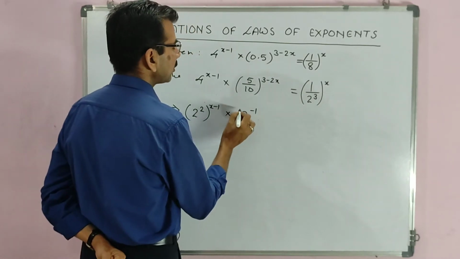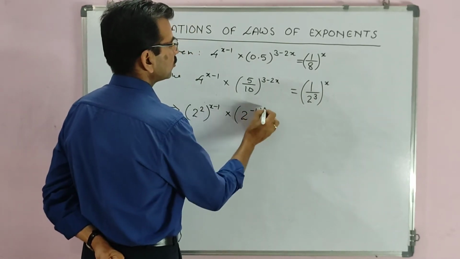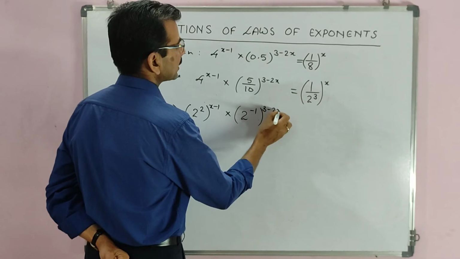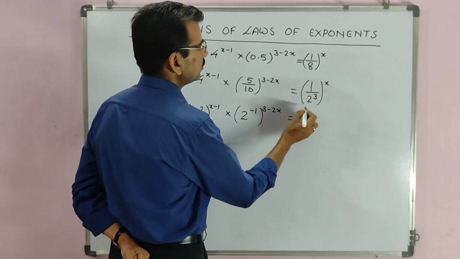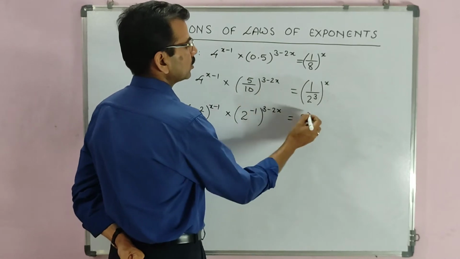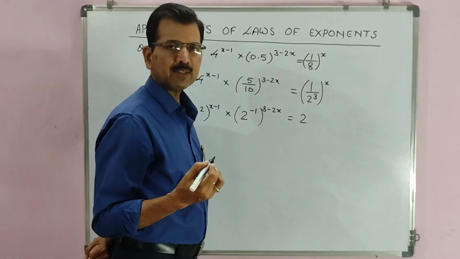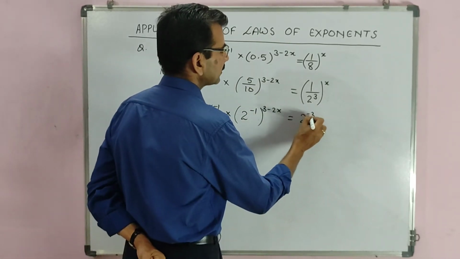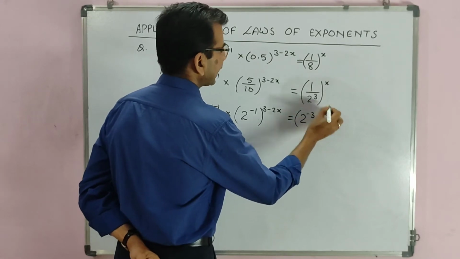So 2 raised to power minus 1 whole to the power 3 minus 2x equals to, this also you take in the numerator as we have taken here. What will be the power here? Minus 3. Very good. Whole to the power x.